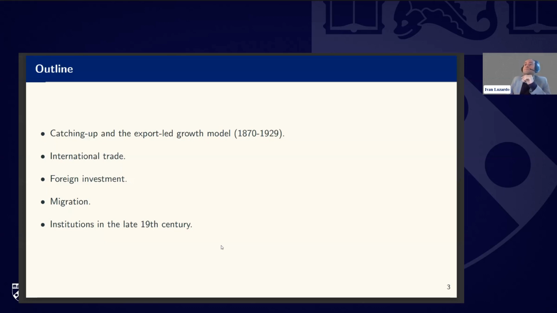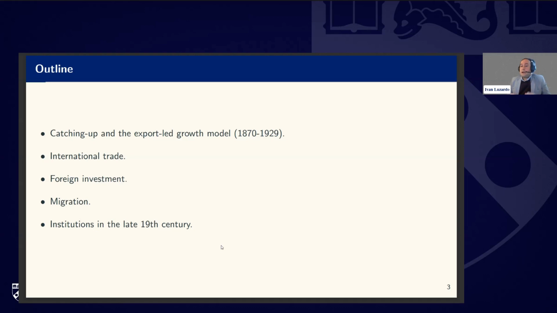So this is the outline for our lecture today. First, we'll talk a little bit of theory, the explanation behind the convergence or the catching up process, and we will briefly describe how, in the case of Latin America, that economic growth or transformation is strongly associated with the first wave of globalization.